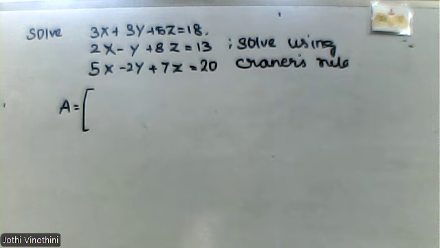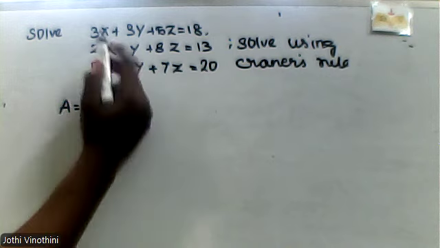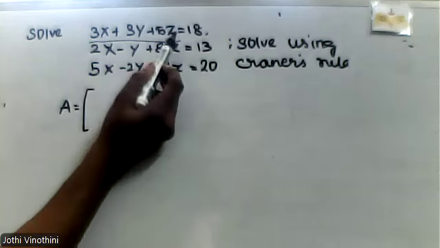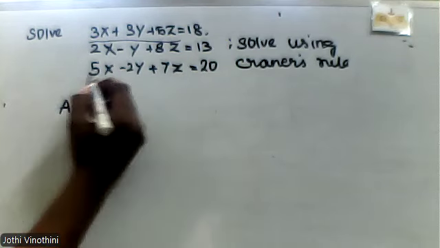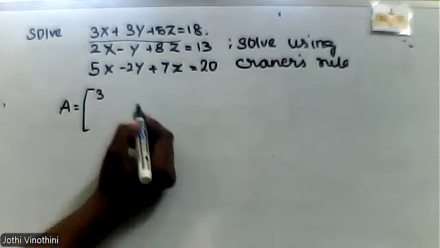Here I take the first row: the coefficients are 4 and 5.